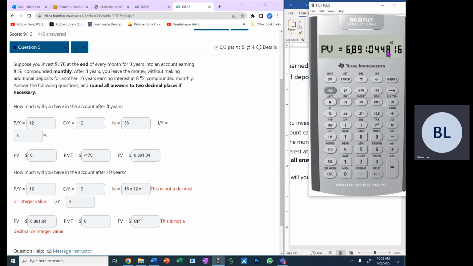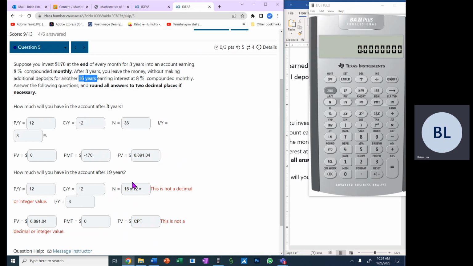I know we're carrying extra decimals, but that's okay. The calculator, this one shouldn't disrupt our calculation. So P/Y and C/Y are the same, still remain the same from the very beginning. So P/Y is 12 and C/Y is also 12. All right, now the number of compounding periods, we have to take the 16 years.